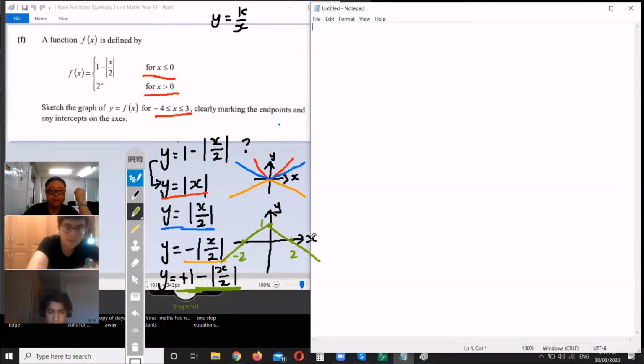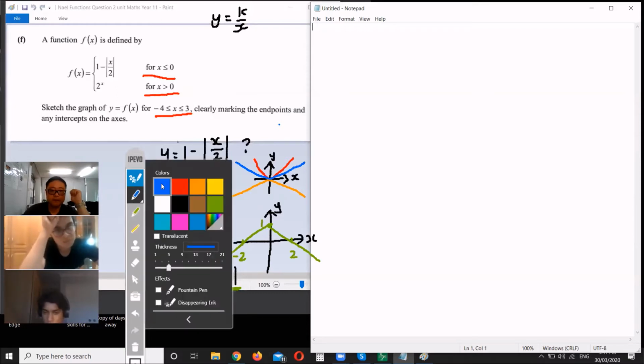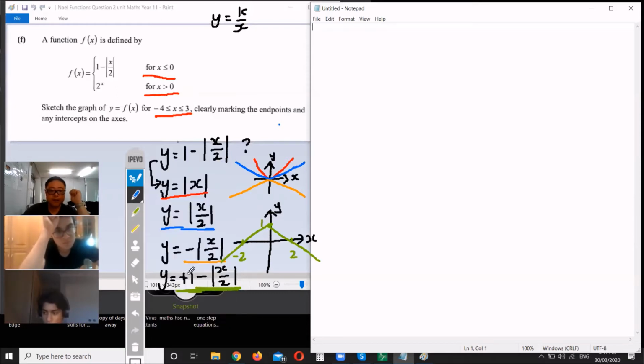Okay, let's put that to the side for a little while. This time we're going to use a blue pen and graph y equals 2 to the power of x.